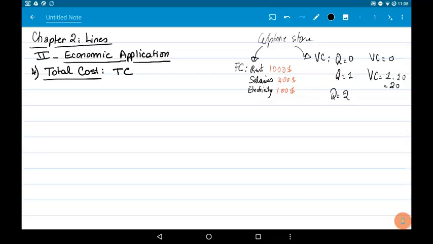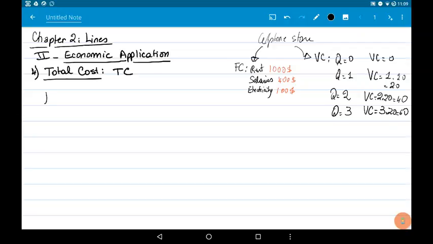If you have 2 cell phones, your variable cost is 2 times 20, which is $40. If you have 3 cell phones, your variable cost is 3 times 20, which is 60. So the variable cost changes with the quantity you desire to sell.